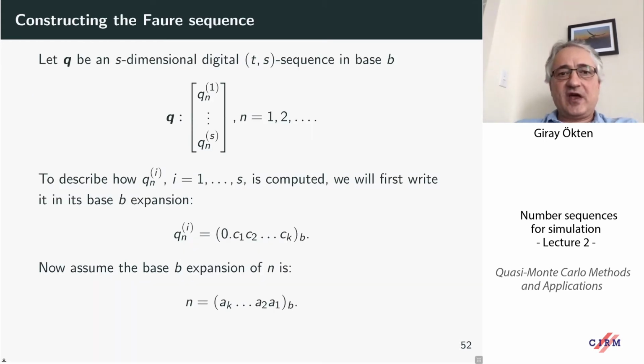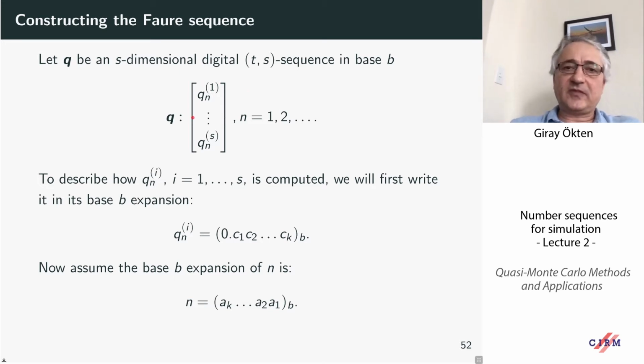So here is how one constructs a digital TS sequence, or the framework of the construction for digital TS sequences. So bold Q is my S-dimensional digital TS sequence in base B. And here I want to switch to vector notation. So this is the name of the sequence, and this vector is the nth term of the sequence.